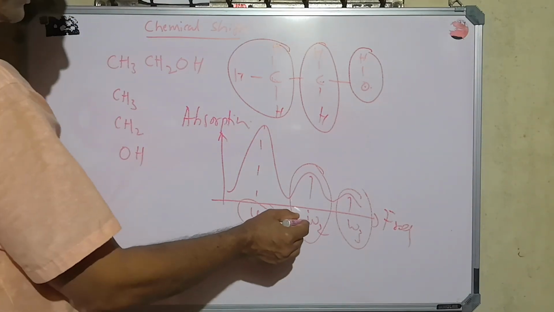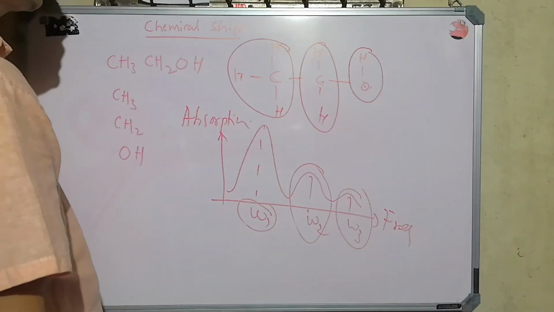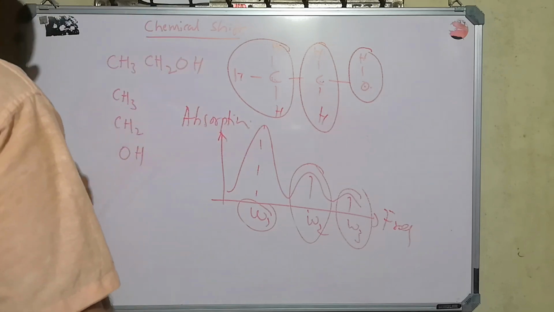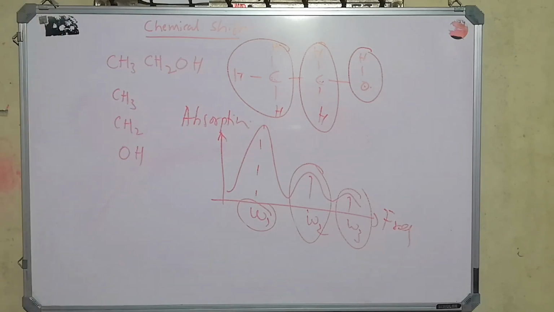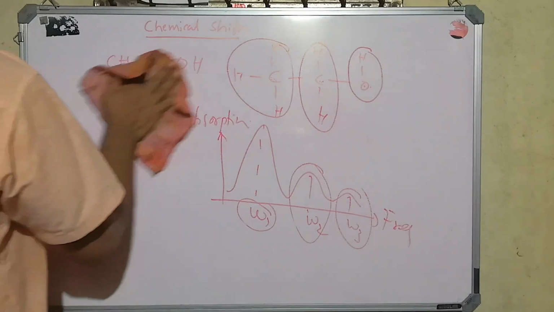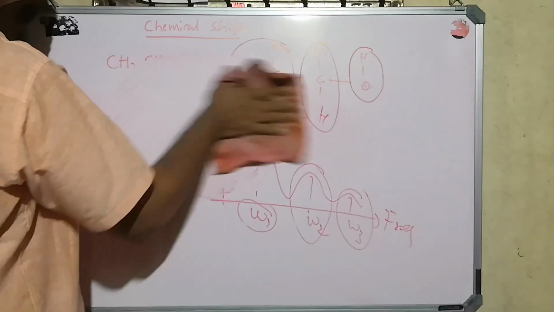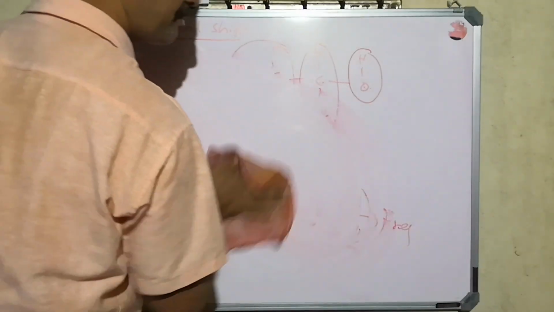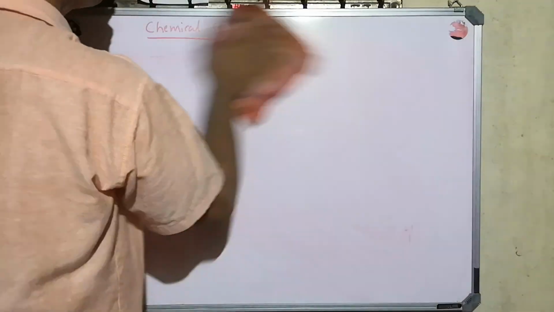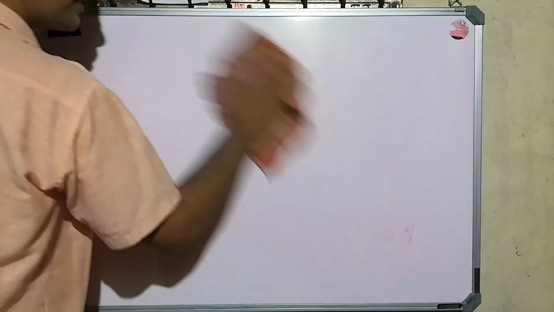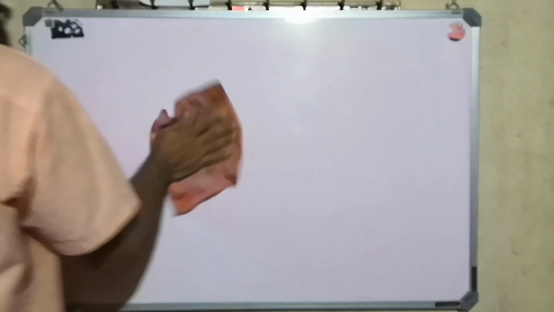Omega 1 minus omega 2 or omega 2 minus omega 3 is nothing but chemical shift. So for chemical analysis, we can make use of this concept of chemical shift.